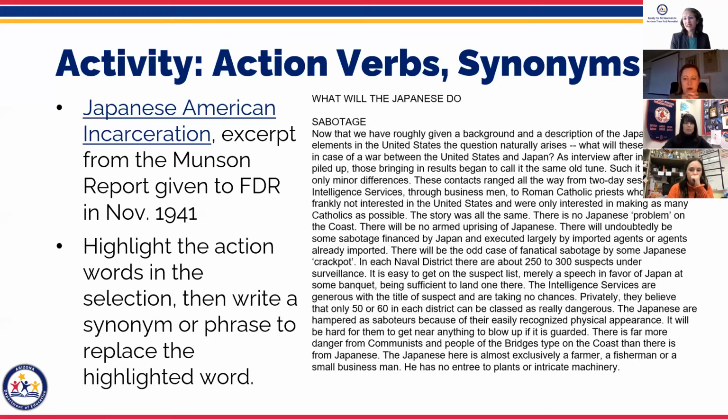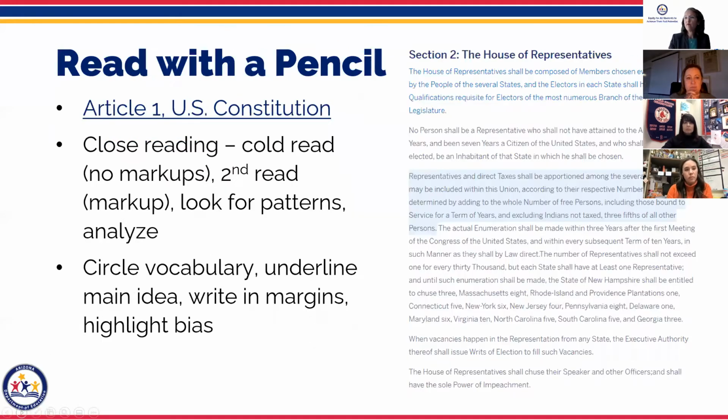And in this case, Munson is saying there really isn't a problem with the Japanese, advocating that we don't need to do incarceration camps. So it's a very different point of view, again hitting multiple perspectives, all part of our standards, in just one document, right?